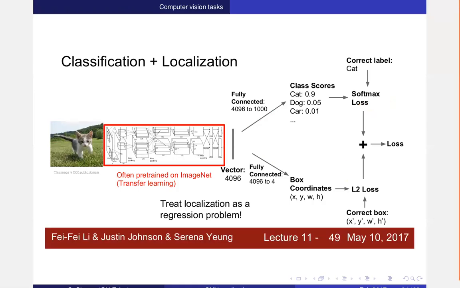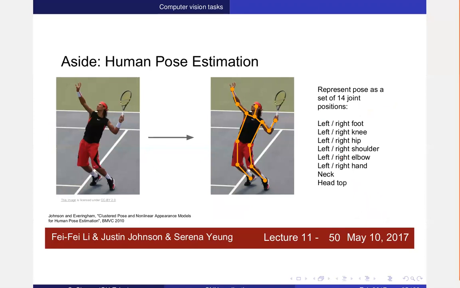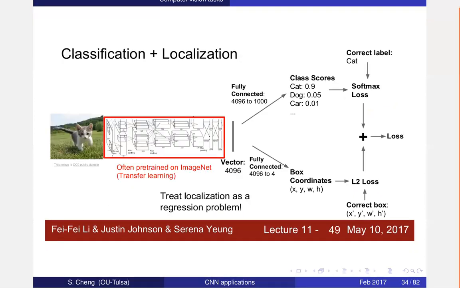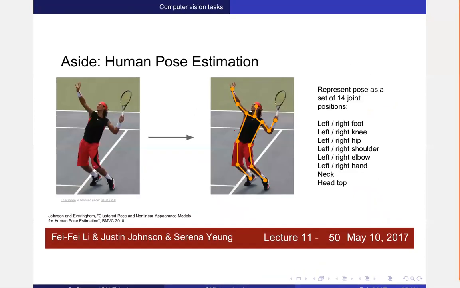And of course, we can do something beyond localization. For example, we can do pose estimation, because you can think of the location of the joints as also just a regression problem, right? If you try to localize and put a bounding box, you have four numbers here.